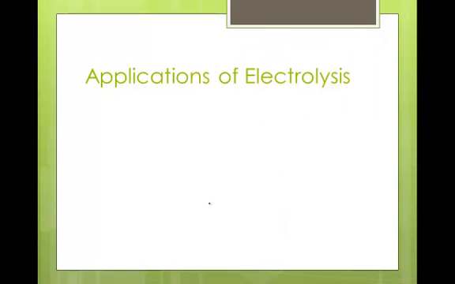There are lots of applications of electrolysis, but we're going to look at just a couple. One of them is purification of ores. In the late 19th century, aluminum was actually more valuable than gold, which is not the case anymore.